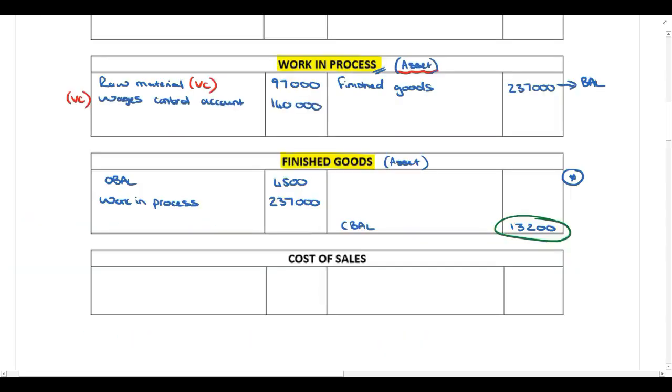So if you go to the general ledger accounts, this is going to be our balancing figure over here, where we are going to debit cost of sales. Remember, cost of sales is going to be an expense, and we are going to credit finished goods.